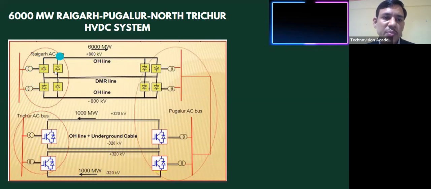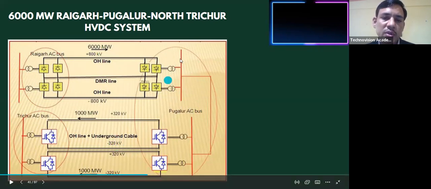So that 6,000 megawatt power we are transmitting through this conventional, or ultra high voltage DC, that is plus minus 800 kV, and that is coming to the Pugalur AC bus, and from Pugalur, again VSC HVDC is used. So this is current source converter technology and this is voltage source converter technology connected on the same bus. So this is just an interconnection of the two.